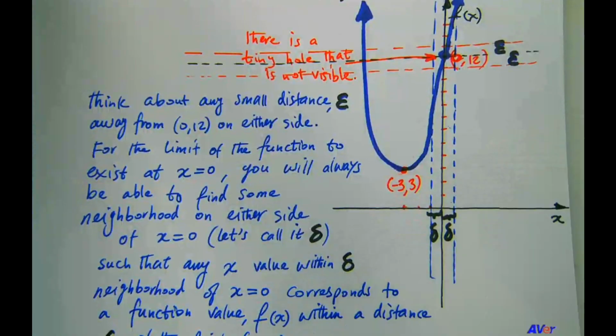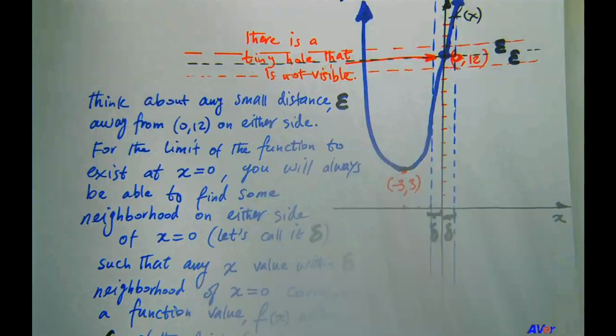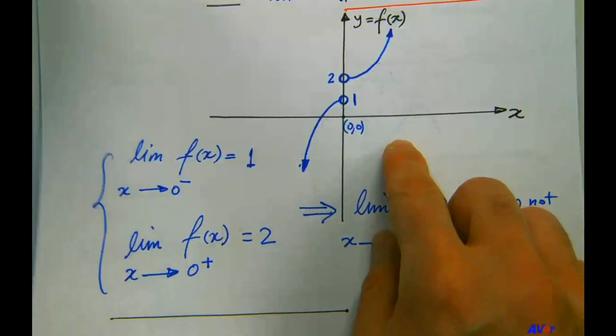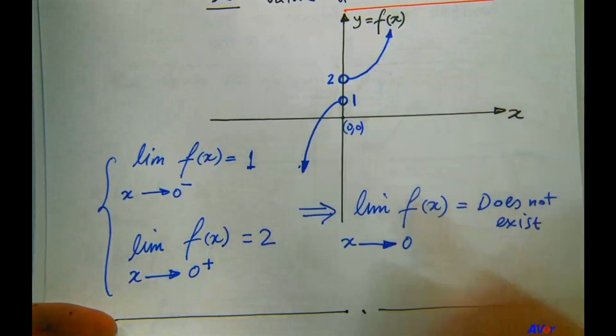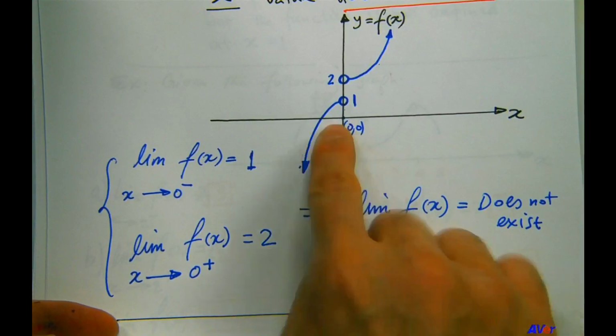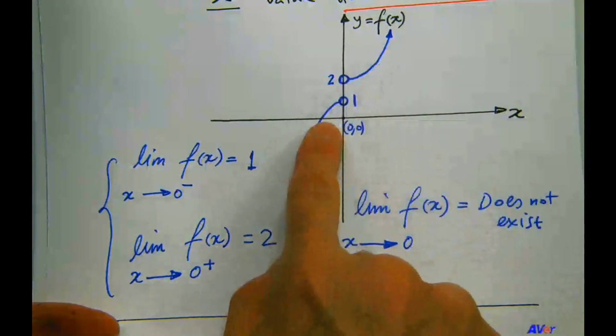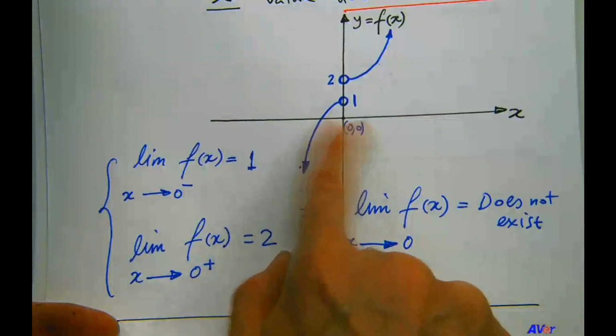let me show you one of the graphs that we had before. If I can find it very quickly here. Oh, this one. See, remember this graph? We said that this was a case where the limit of the function did not exist as x approached 0 from both sides.